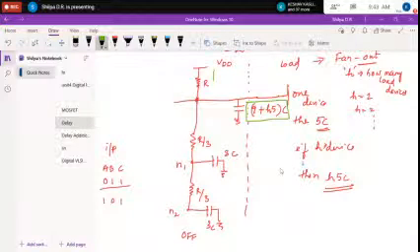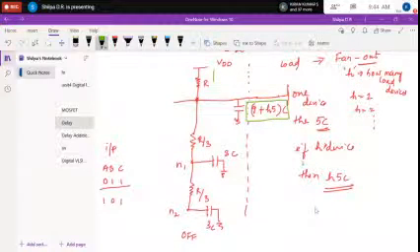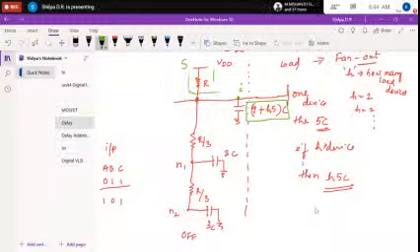Now we are going to write the propagation delay. So now this becomes your source, and the node of consideration must be at this point only. So this is the ith node. I have to consider the propagation delay starting from the source to the ith node. How do I write it? Using Elmore delay.